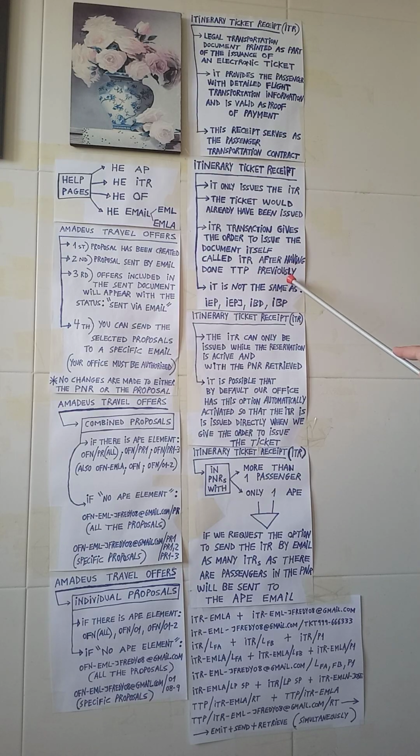And finally, this information. So, about this, in the previous video, I talked about other codes similar to ITR, such as IEP, IEPJ, IBV, and IBP. These 4 codes are used to send travel itineraries to our clients, but they are not the same as the ITR.